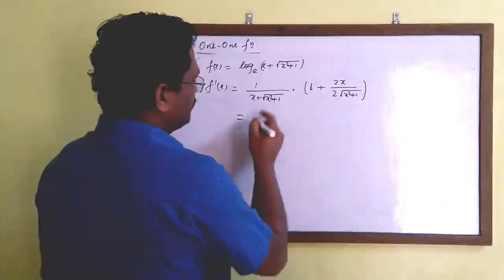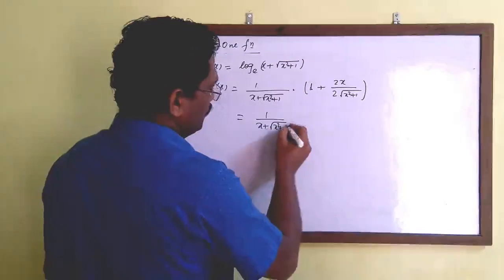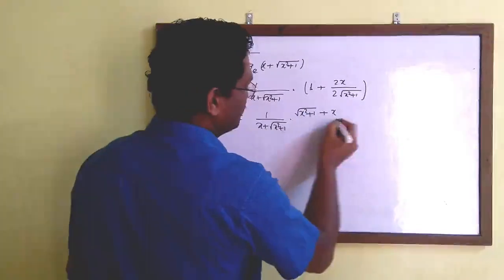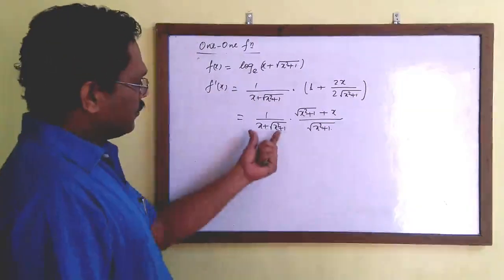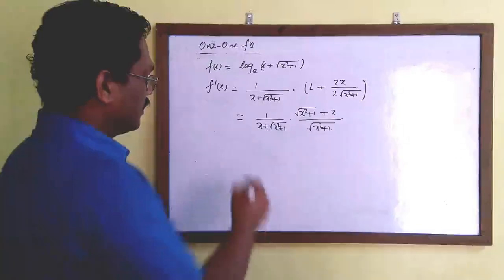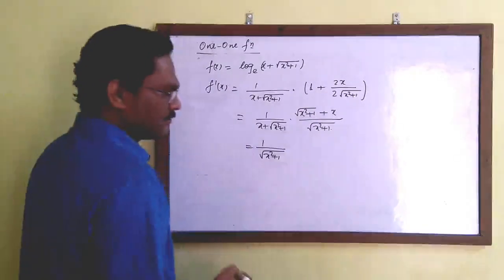Now if we cancel out this factor of 2 and take LCM, you get 1 by root over of x square plus 1 into root over of x square plus 1 plus x divided by root over of x square plus 1. Now you can see this factor gets cancelled with this one and you are left with 1 by root over of x square plus 1.